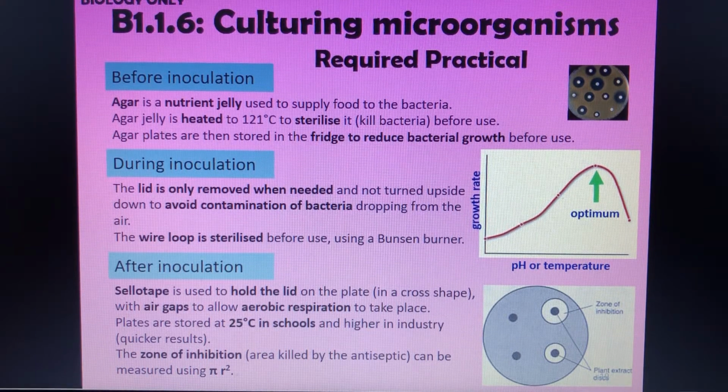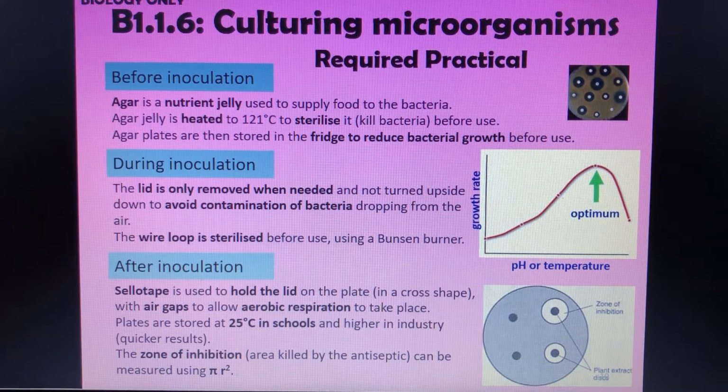And we're only allowed to store those plates at 25 degrees C, not 25 degrees because that is an angle, 25 degrees C in school, and they can do that at higher temperatures in industry because they've got safer equipment to store those in, and they get the results quicker. That bacteria will culture quicker.